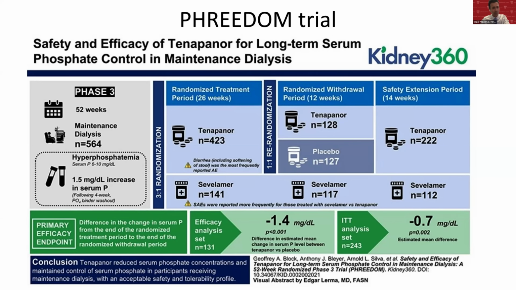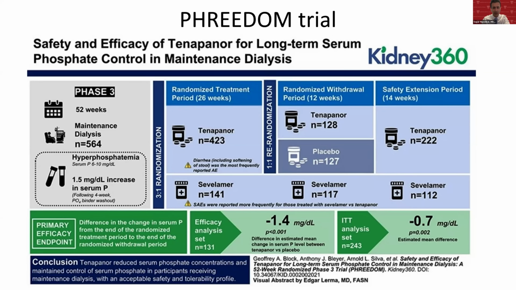So now we are seeing a little bit longer experience from the clinical trial setting regarding the use of tenapanor. Again, this study also had two arms, a tenapanor arm that recruited 423 patients and a sevelamer group that recruited 141 patients. The primary efficacy endpoint here is the difference in the change in the serum phosphate from the end of the randomized treatment period to the end of the randomized withdrawal period.